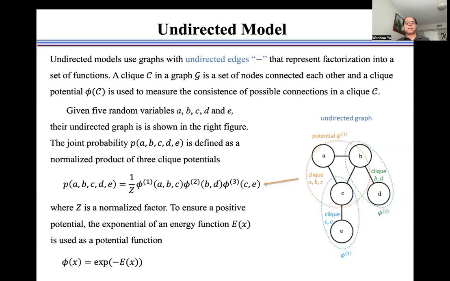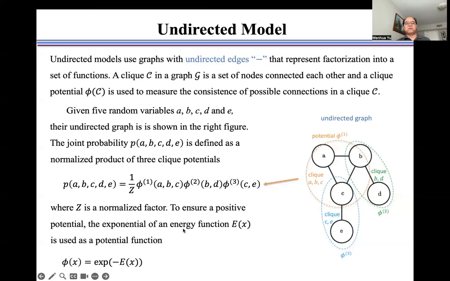Given 5 random variables A, B, C, D, and E, their undirected graph is shown here. The joint probability of A, B, C, D, and E is defined as a normalized product of 3 clique potentials, phi 1, phi 2, and phi 3, where Z is a normalization factor to ensure positive potential.